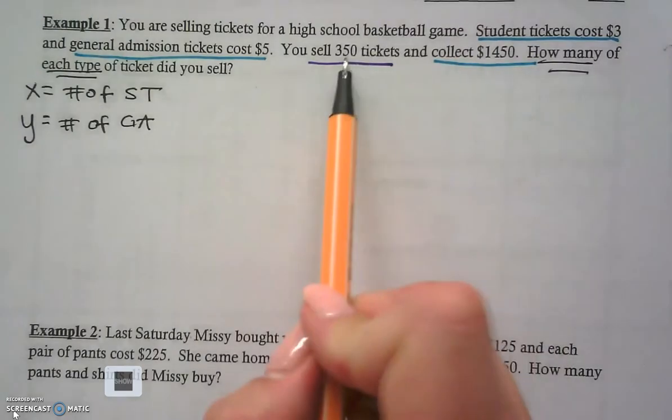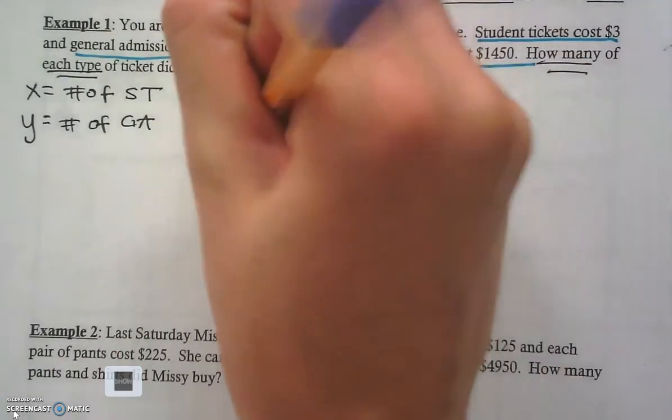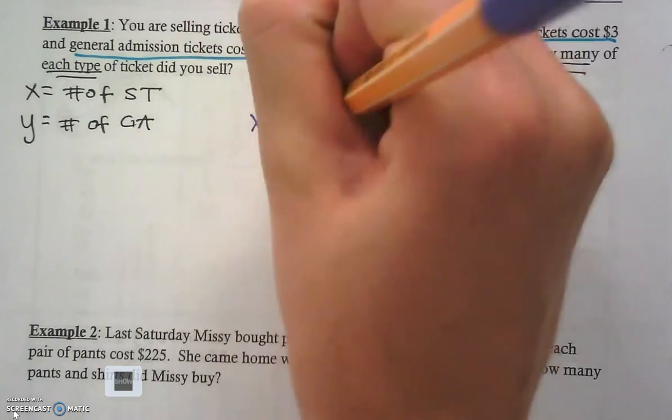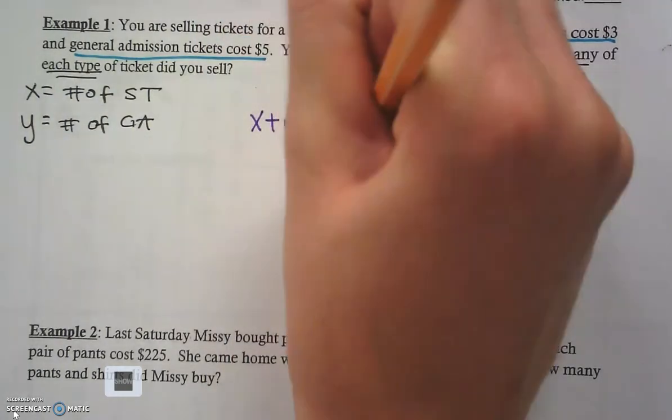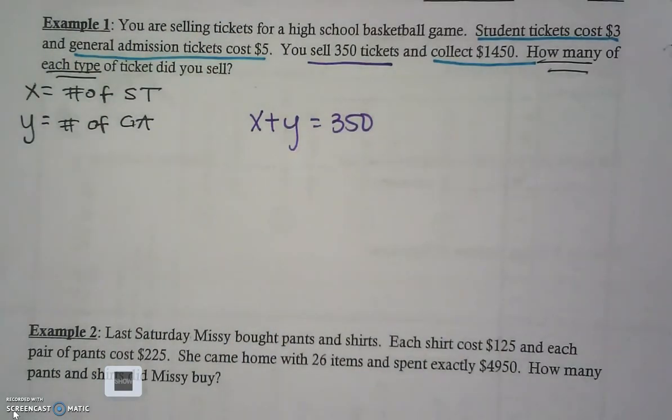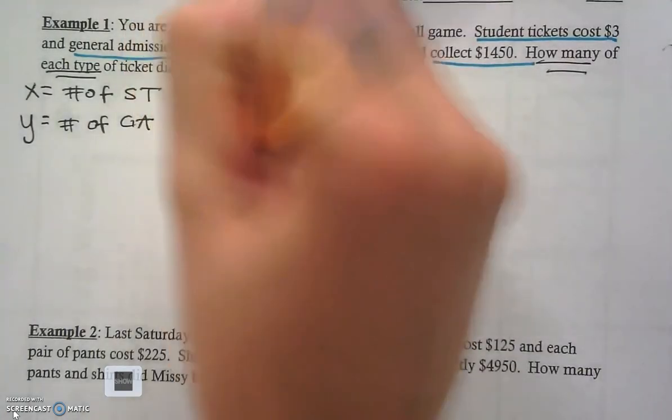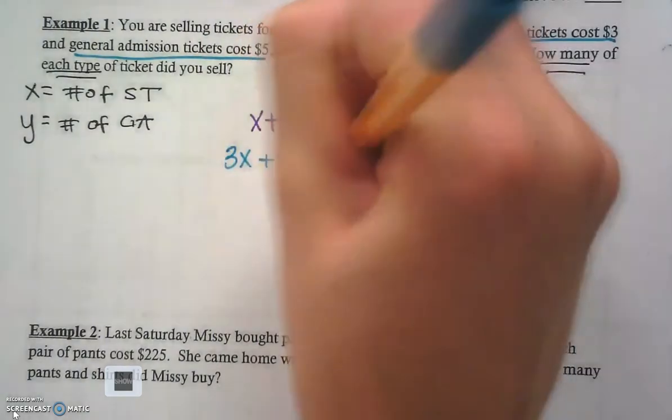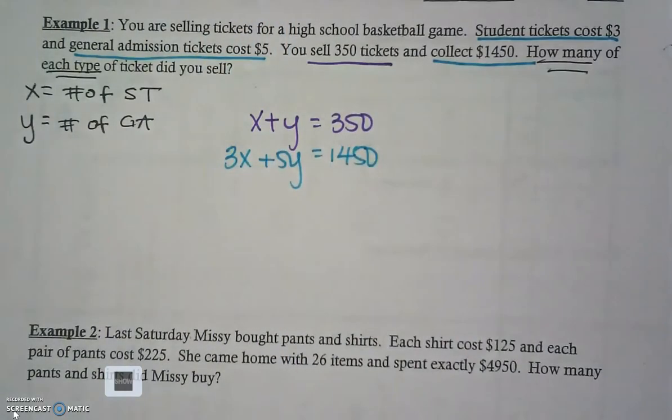The first equation I'm going to write is a total. x plus y equals the total number of tickets that I have. Then my money equation, $3x plus $5y is equal to that $1,450. Now that we've set it up, you can solve this by any method. But let's just practice setting it up.